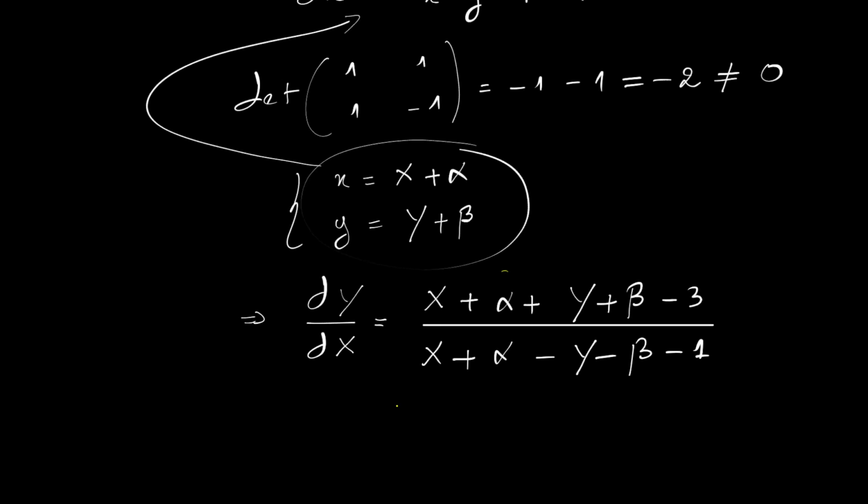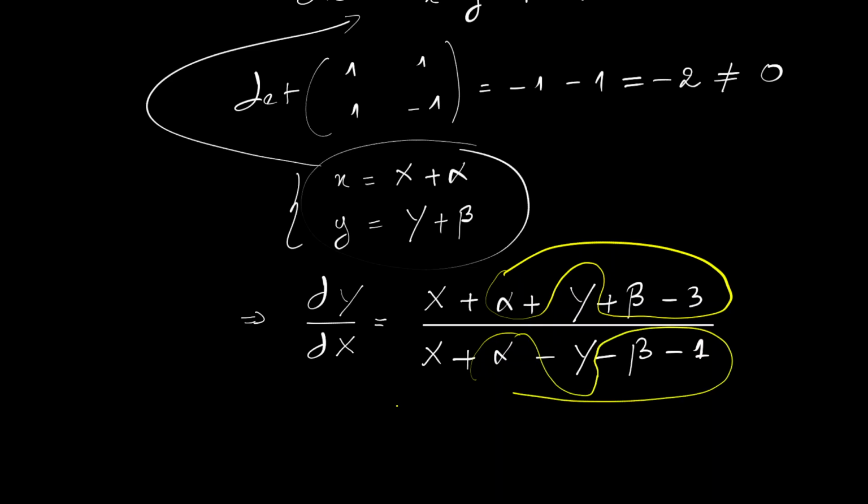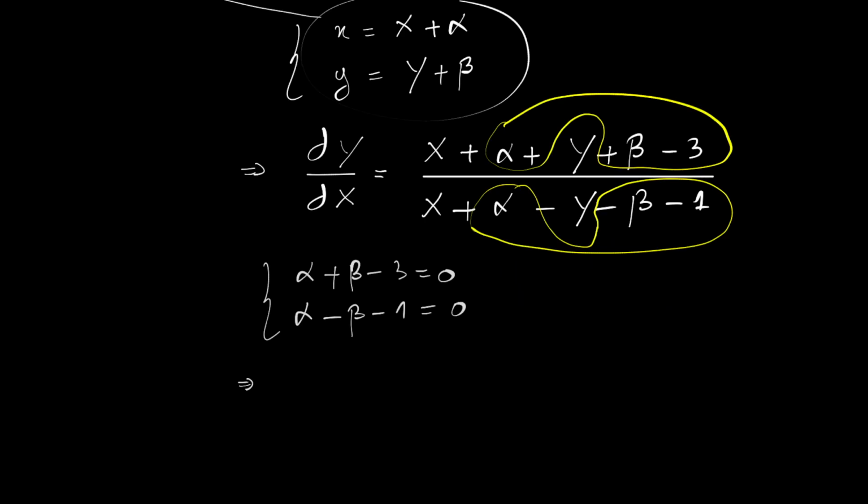Now we are going to solve a system to cancel this. First, let's write our system. To find alpha and beta, I am going to sum the two equations.